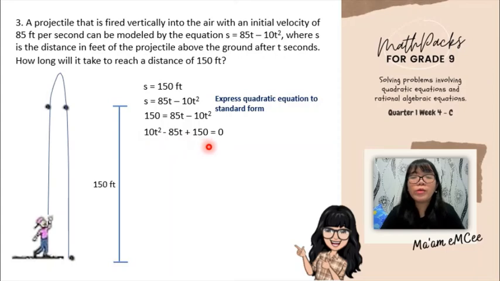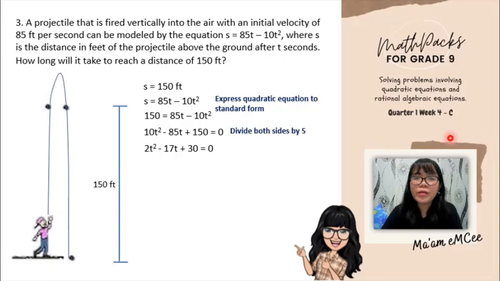So our quadratic equation in standard form is 10t squared minus 85t plus 150 equals 0. Then we divide both sides of the equation by 5. Why 5? The a here is equal to 10, but we cannot divide both sides by 10 because this negative 85 is not divisible by 10. We will have decimals, and it is harder to deal with decimals.